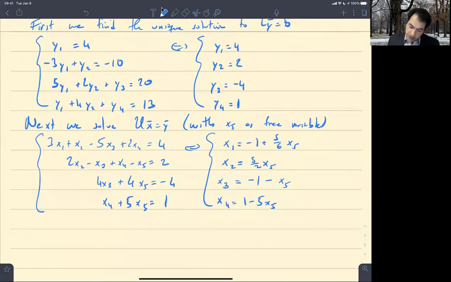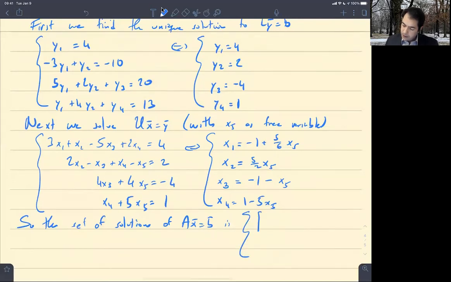So the set of solutions of Ax equal to b is: I'm going to put the constants here. So I'll get -1, 0, -1, 1, 0. And then I'll put the x5.